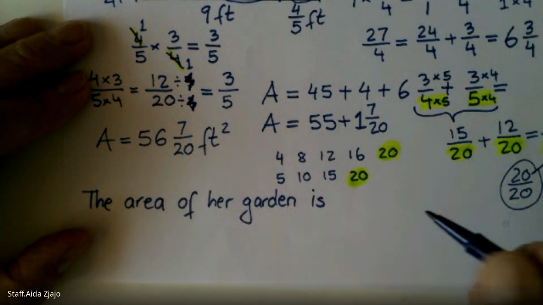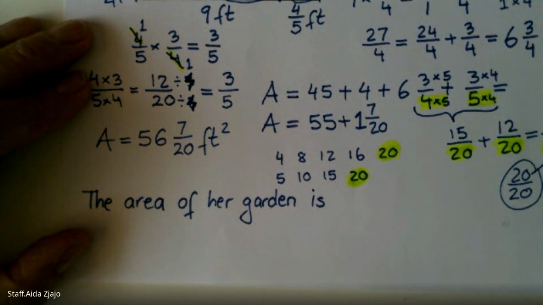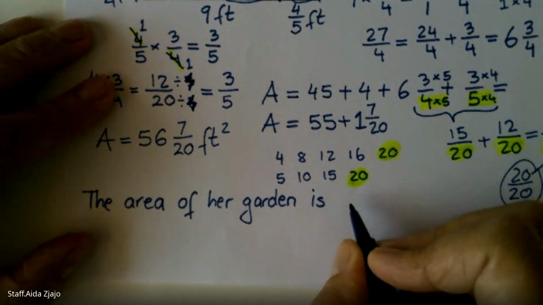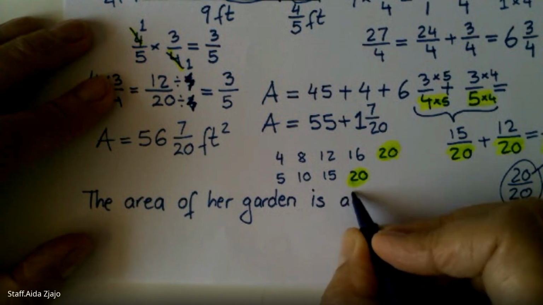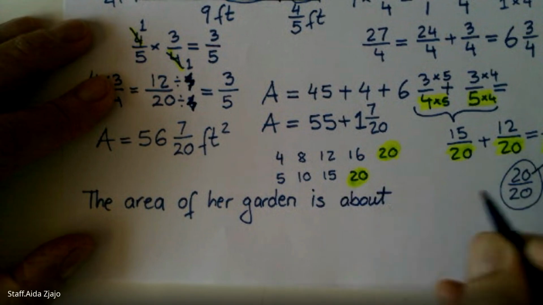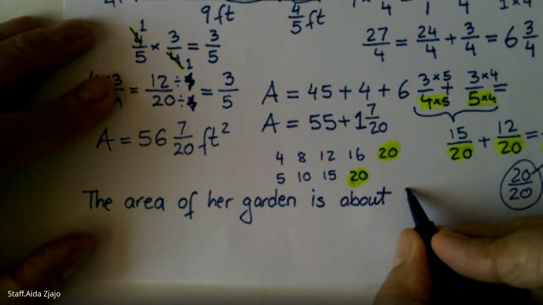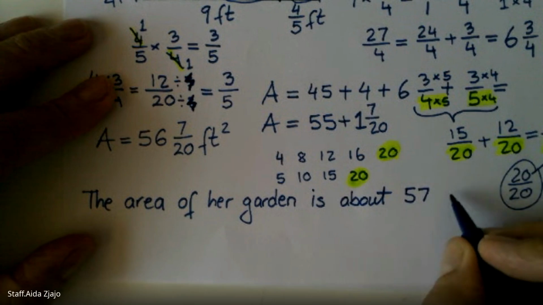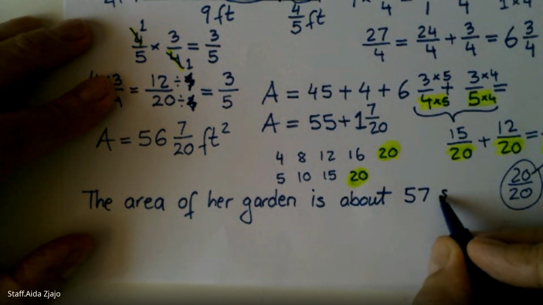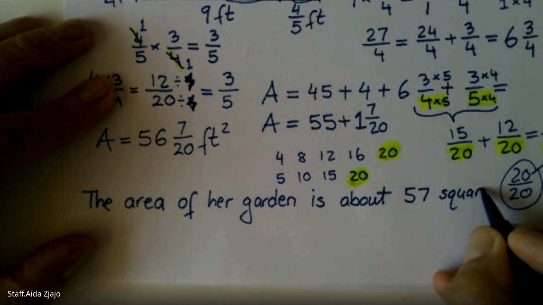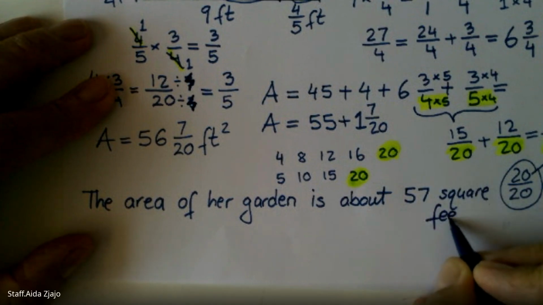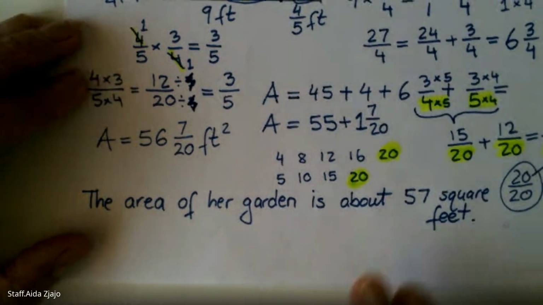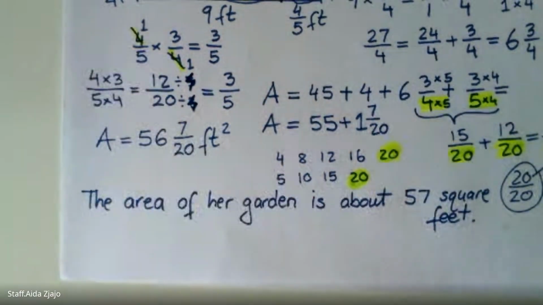So the answer lies between 56 and 57 square feet. Garden is about, I will put 57 square feet. But exactly it is 56 and 7 20ths square feet.